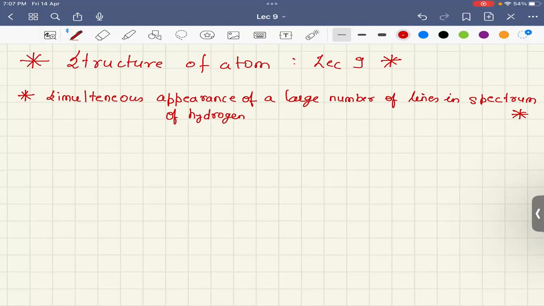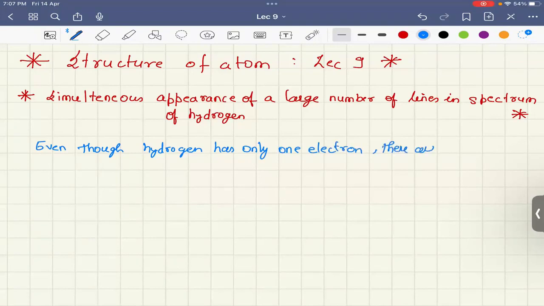So even though hydrogen has only one electron, there are many lines in emission spectra of hydrogen, right?